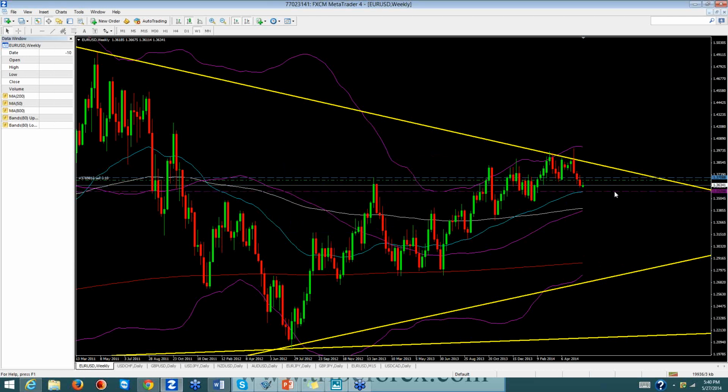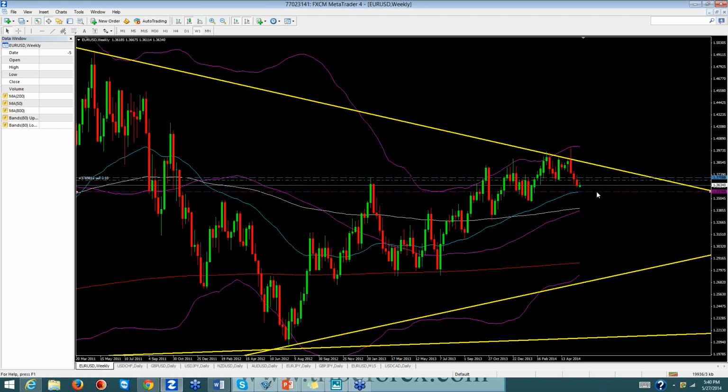All right, so I've got blue, purple, 137, 135.69. I'm a little bit higher than that. There it goes. So besides that, I do see another area of support that we could pay attention to, at least in the short term, and could give us an opportunity for profitability.